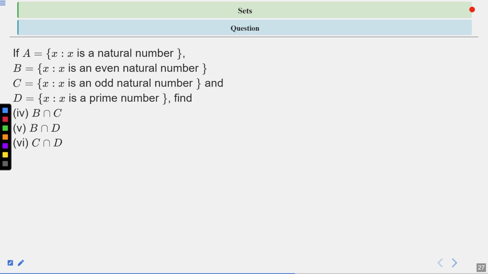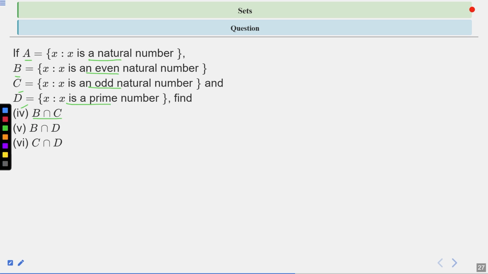Now these sets A, B, C, D are described as: A, the collection of all natural numbers, B, the collection of all even natural numbers, C, the collection of all odd natural numbers, and D, the collection of all prime numbers.